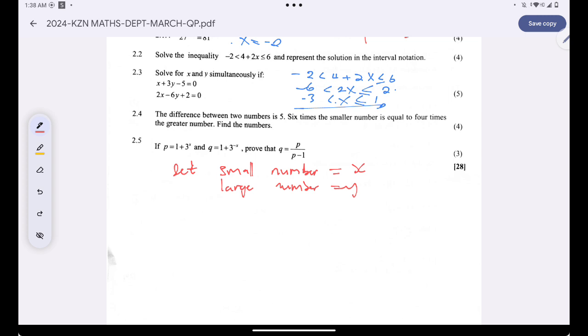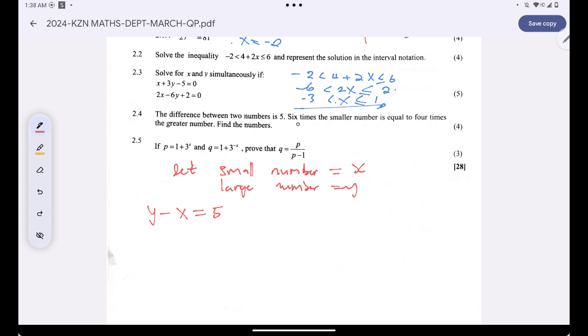We are told that whenever we say the difference between the two, let's say y minus x, is equal to 5. According to the first statement, the difference between the two numbers is 5, right?